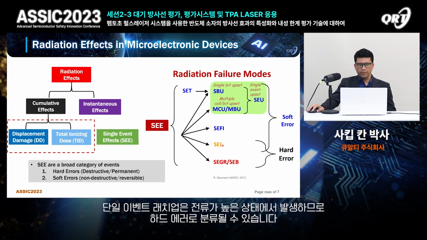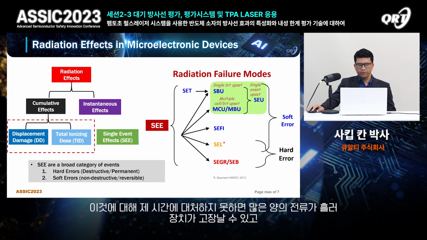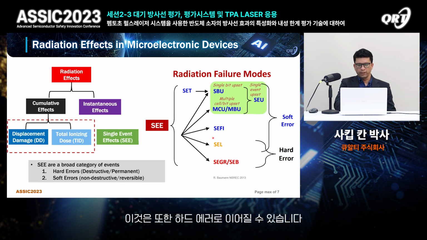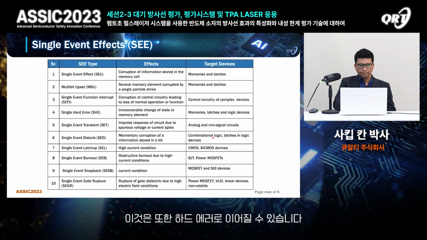Single event latch-up could also be classified as a hard error, because it is a high current state. If it is not prevented in time, it could cause the device to fail due to the very large amount of current flow, which could lead the device into a thermal state, and the device could burn, its interconnections could burn, and contacts could also burn. So this could also lead to a hard error.